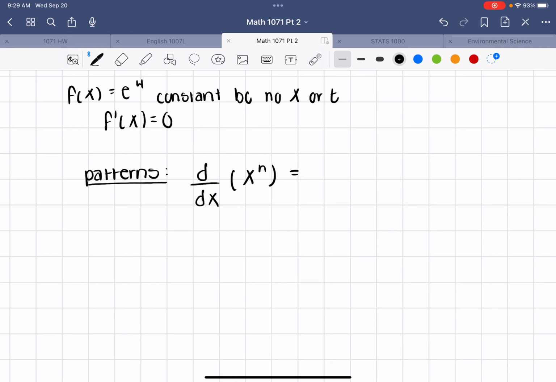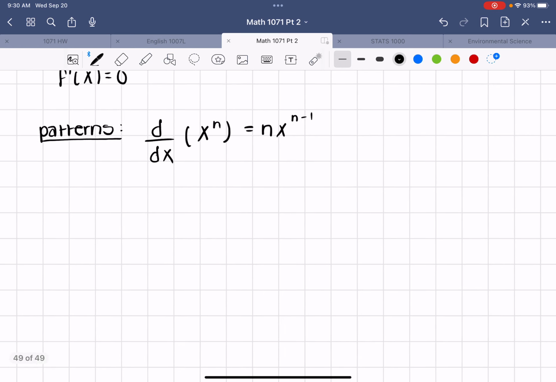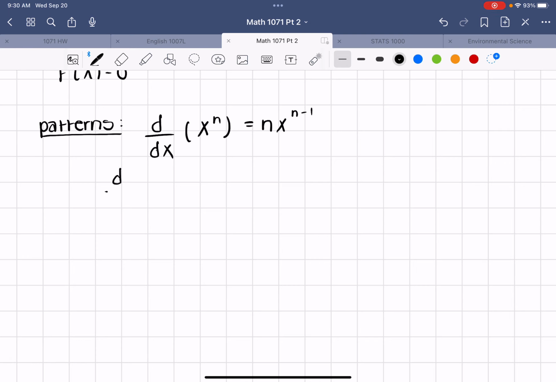Do you see what's wrong? In our pattern here, the variable is x in the base. The constant is the power n. And that's the derivative. But you see here, x is the power. Your variable is not in the base.